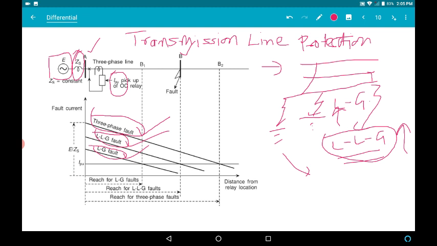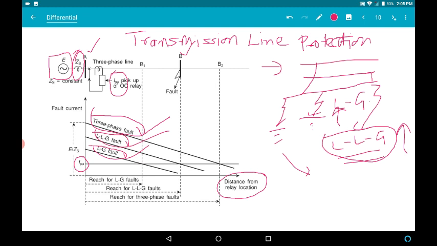So here you see on the x-axis you have the distance from relay location, right? So if we have kept the pickup current constant, IPU is constant, let us say IPU is 5 ampere, but as the distance of the line is increasing, the LG fault current is also going to reduce because of the impedance of the line, right?